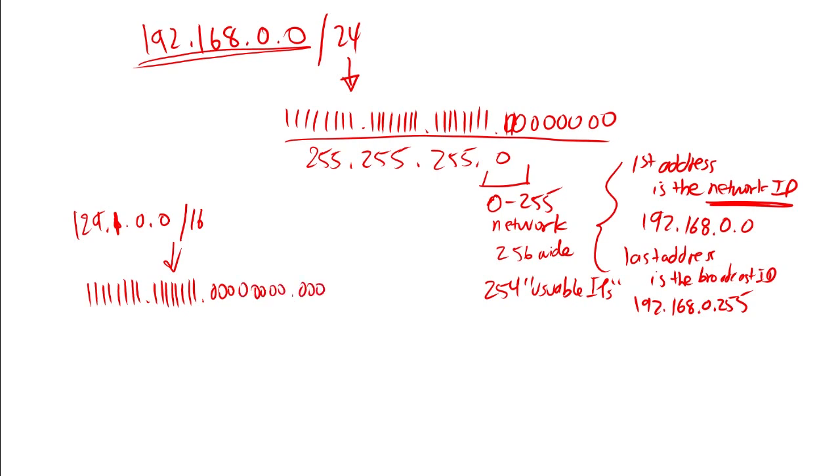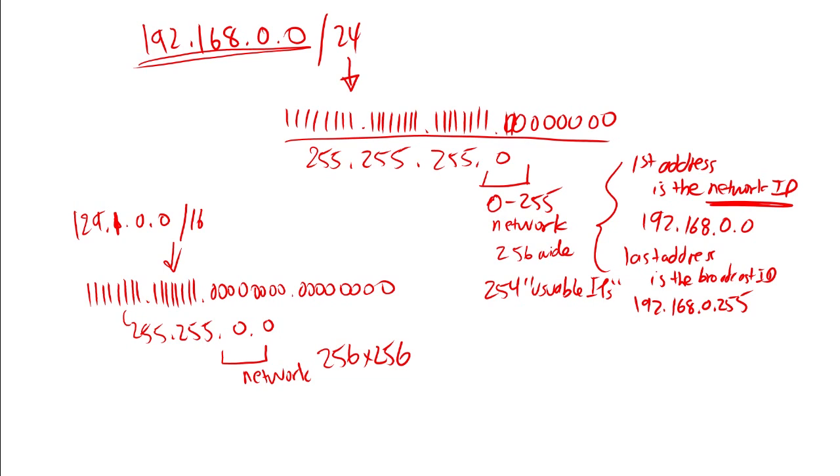So what did it take again? 255.255.0.0. And then based on that, we know that this portion is a network, the 0 portion. And how wide is it? Well, it's 256 times 256. Right? So 0 to 255 is 256 numbers.